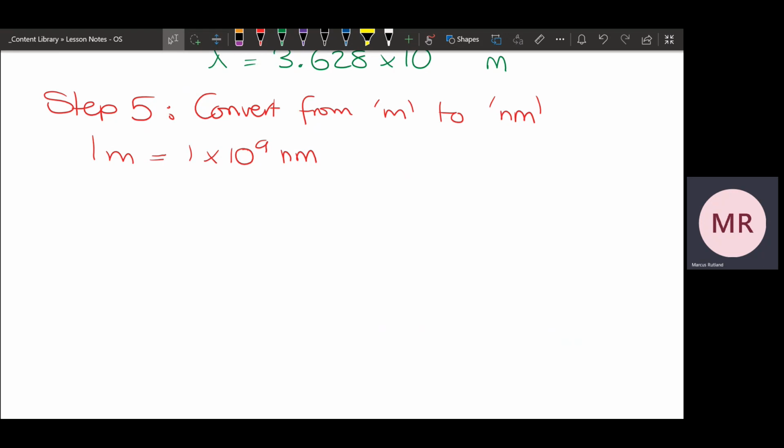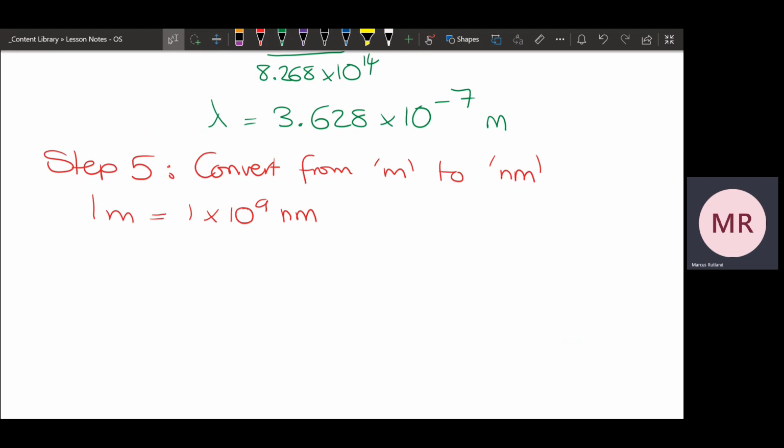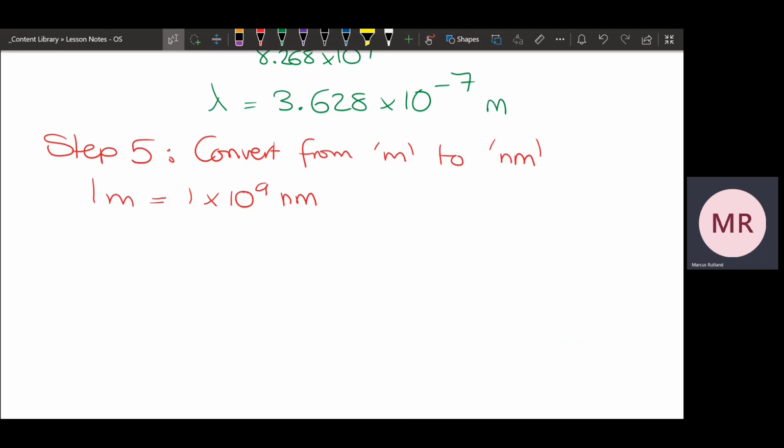So what do we do with this? If we have our value in meters, then to go from meters to nanometers, we're going from 1 to 1 times 10 to the 9. So we're going up. We're going to have to multiply our meters by that factor. There's more than one way of doing this conversion. If you can think, well, logically, I would do this a different way, and get the same answer, that's fine. So we're going to multiply our meters by 1 times 10 to the 9 to get nanometers.